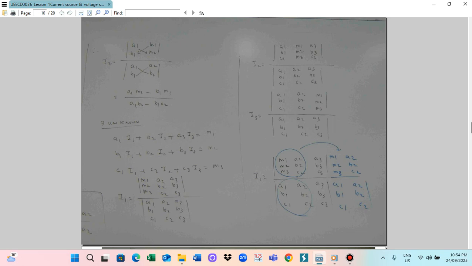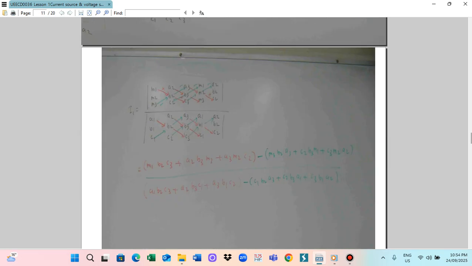So put again N1, N2, N3, A2, B2, C2. And also in the denominator, A1, B1, C1, A2, B2, C2. You copy the first two columns. After the first two columns, you have to multiply. I show you today.